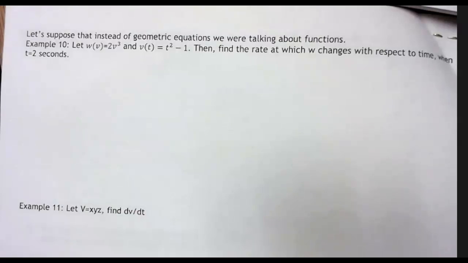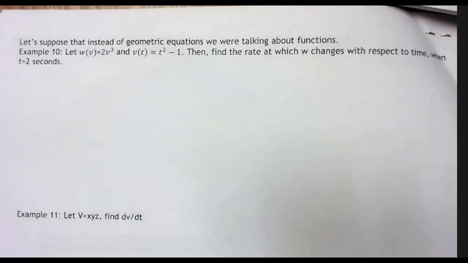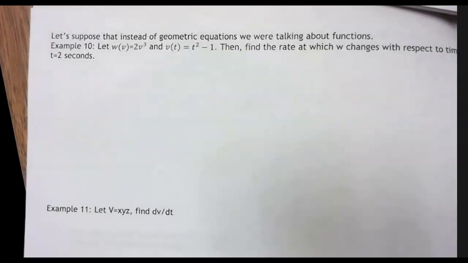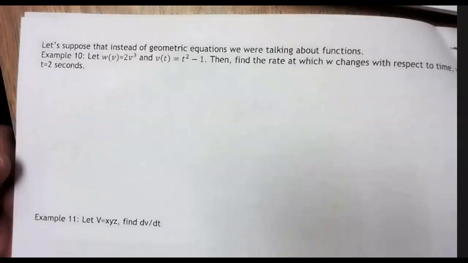And v of t equals t squared minus 1. Find the rate of change at which w changes with respect to time when t is equal to 2. So we are trying to find the rate of change of w with respect to time.